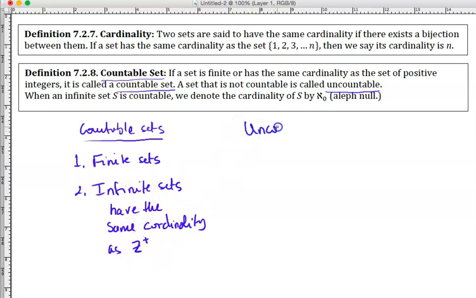Uncountable sets are the other ones. Uncountable sets are infinite sets, which means they have an infinite number of elements in them, that do not have the same cardinality as the positive integers.